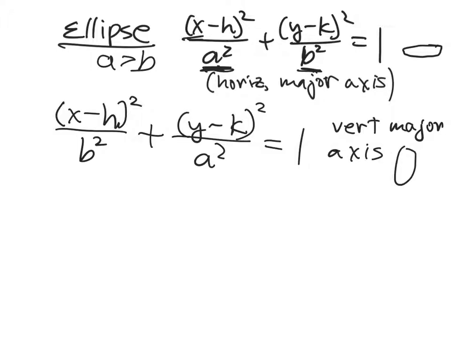If we end up with the equation equaling 0, that's one of those degenerate conic sections. I won't have anything like that on the test, but that's one of those special cases that we're not going to worry about. It basically just ends up being a point.